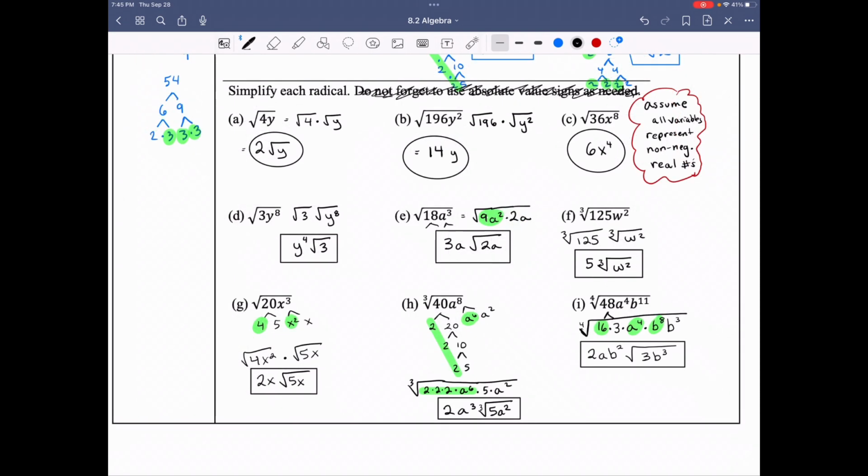Now that we've completed these examples, I want you to put a little note on the side of your page that says: when taking the nth root, divide the exponent of the variable by n.